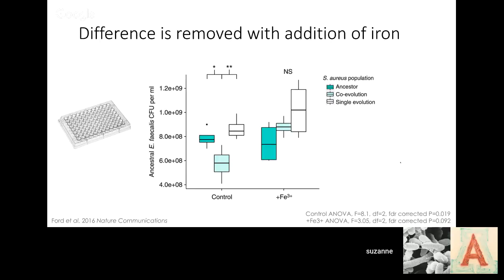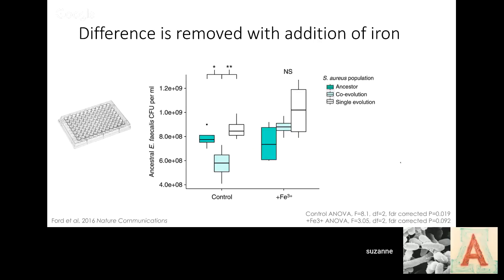You can see on the left here the graph that I just showed you, the differences in defensive symbiont fitness with the three populations of the pathogen, and you can see the significant differences there. And on the right, you can see the fitnesses of the defensive symbiont in the same pathogen populations, but with added iron. And you can see that the differences are removed. And so it suggests that this difference in symbiont fitness is to do with the evolution of siderophore production. So that's super cool. I was really happy with that.